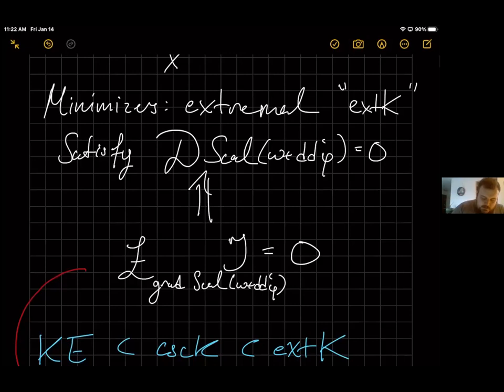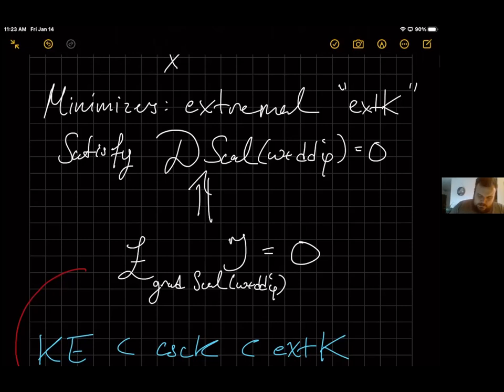Another way of writing that is that the Lie derivative of the complex structure along the gradient of the scalar curvature is 0. So flowing the complex structure along this vector field does nothing.